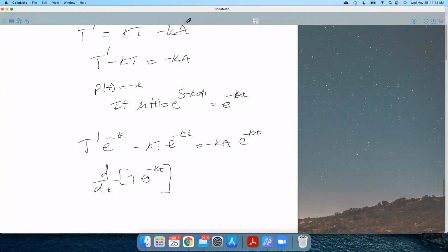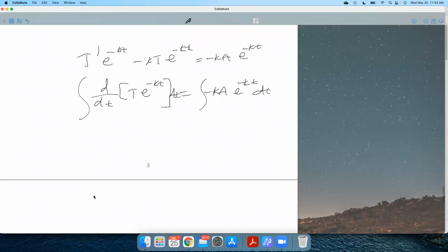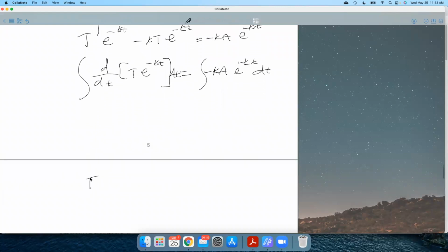And we should check that, and it works. Integrate both sides. Don't forget to put your differential in here. Left side's pretty easy. We just get T e to the negative kt.